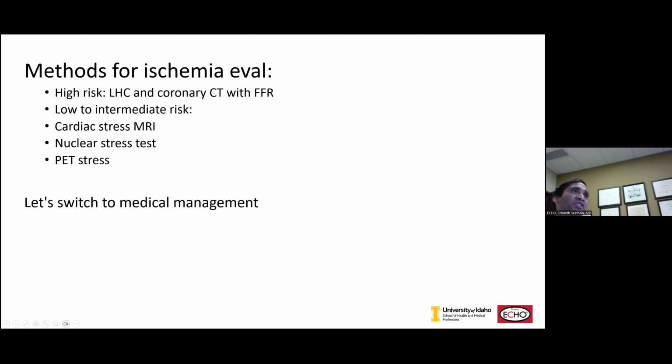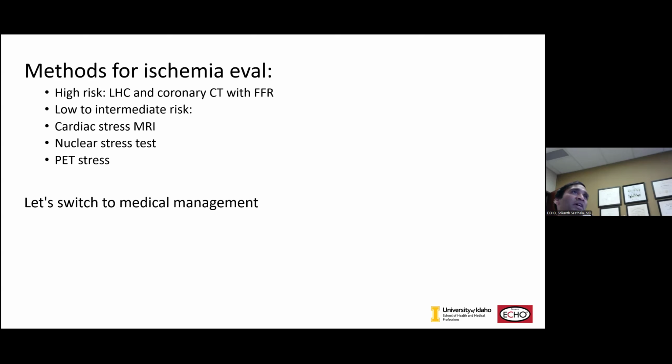Then methods of ischemia evaluation. If you have a very high-risk patient for coronary artery disease, we should do a left heart cath. Everything goes back to one thing called Bayes theorem. If you have a high pretest probability and your test is negative, that's a false negative. If you have a low pretest probability and you do a test that is positive, that is a false positive.